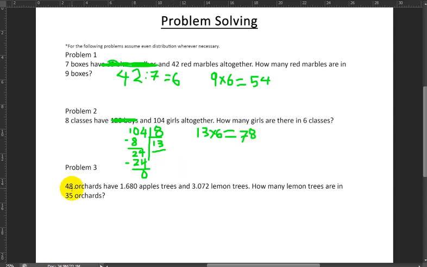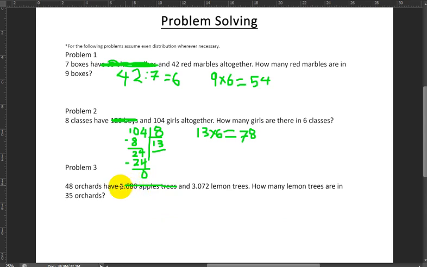Next up, we have 48 orchards. Don't know what an orchard is? It's like a farm, but it has trees instead of vegetables and stuff like that. So 48 orchards have 1,680 apple trees and 3,072 lemon trees. How many lemon trees are in 35 orchards? Since it's asking about the lemon trees, the information about the apple trees is irrelevant.